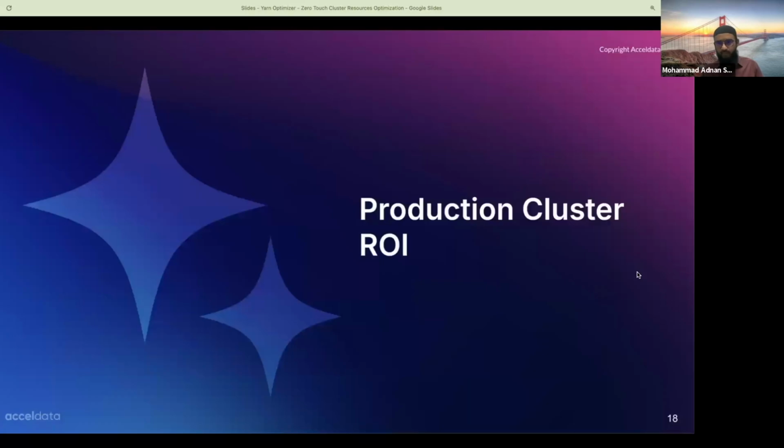All right. So some of the production ROIs that we have seen over a period of maybe 8 to 9 months. Something that I want to stress is this is a very new project. When I say new project, I mean this thought evolved maybe 15 to 18 months back, and I think the team has done a fantastic job in delivering this.